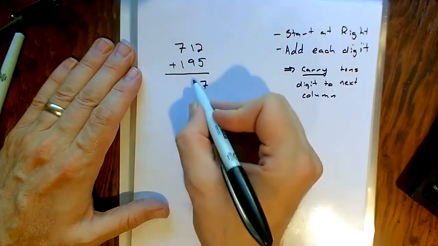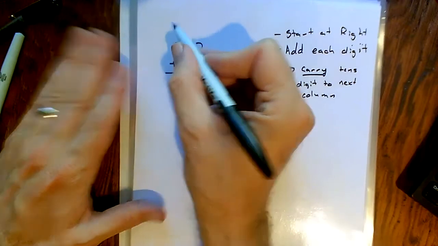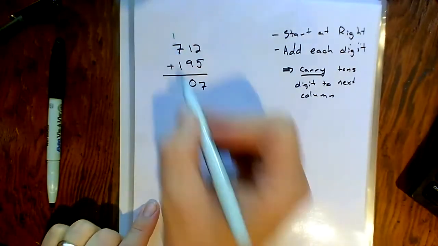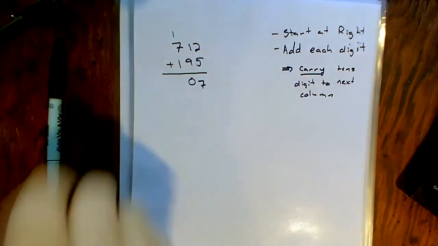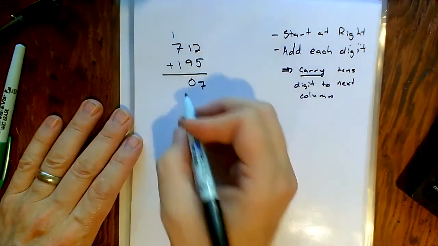One plus 9 is 10. So the 0 goes down here, and I'm going to carry the 10 from this up here. 1 plus 7 is 8, plus 1 is 9.